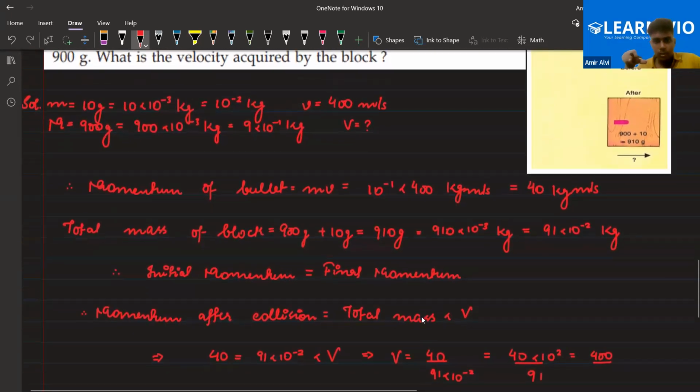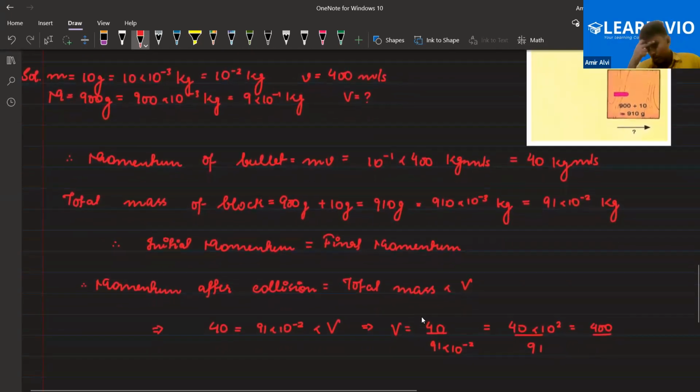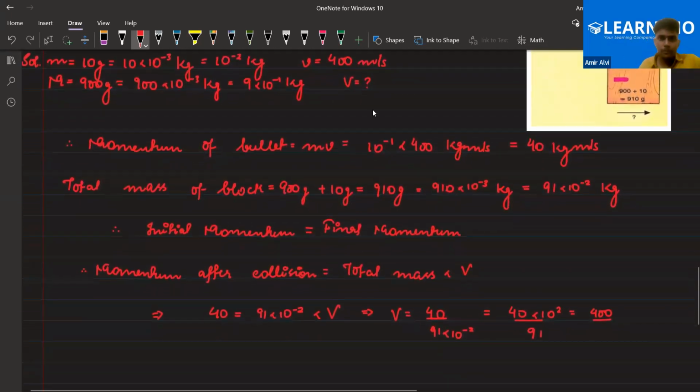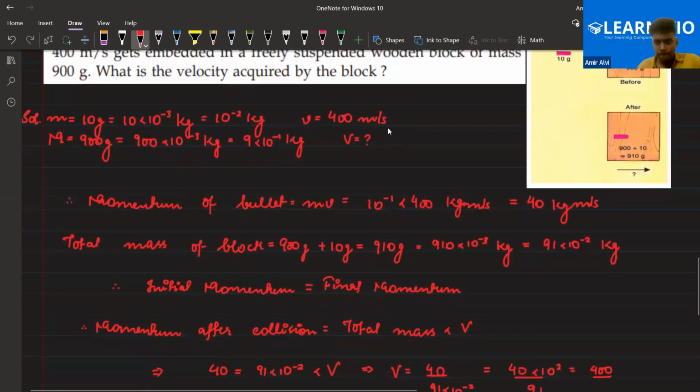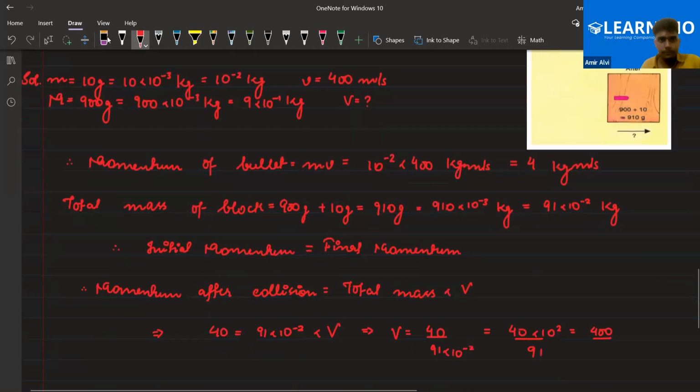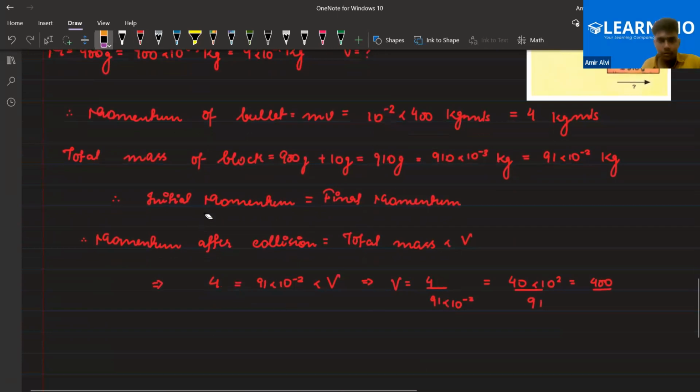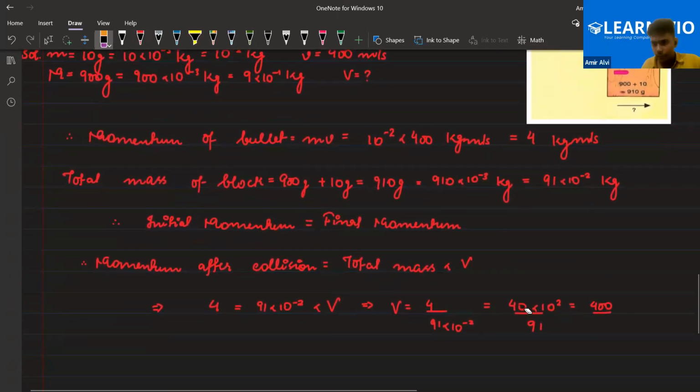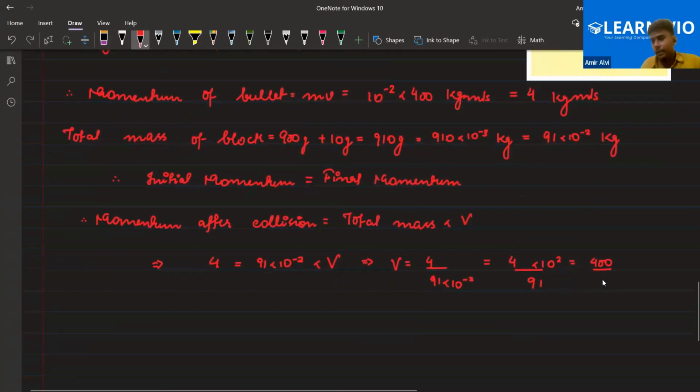The bullet momentum is 10 to the power minus 2 into 400, so it is 4 kg meter per second, not 40. So it will be 400 by 91, which comes out to be 4.4 meter per second.